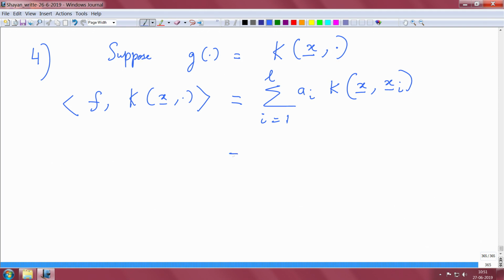Because of the symmetric property of the kernel, I can write this in the form summation i equals 1 to L of ai times the kernel acting on Xi in the first argument and X. So this is nothing but f of X.